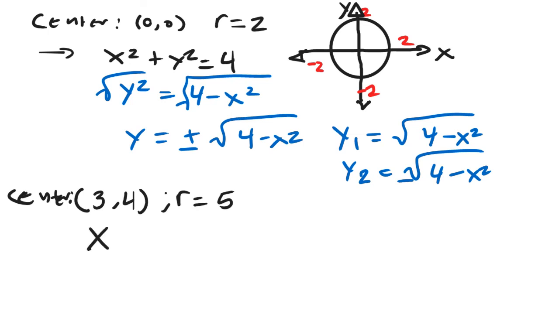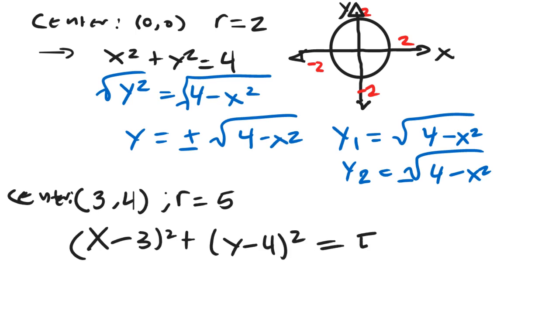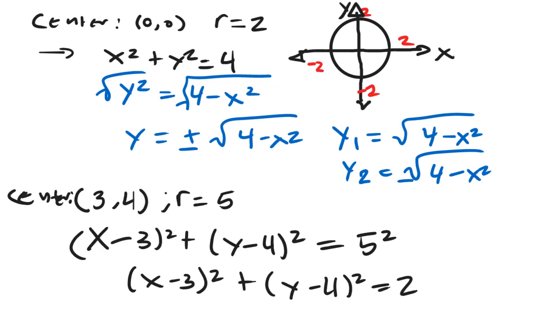You would get it by saying x minus 3 to the second power plus y minus 4 to the second power equals 5 squared, which in this case would be 25. That would be the equation of the circle in either case.